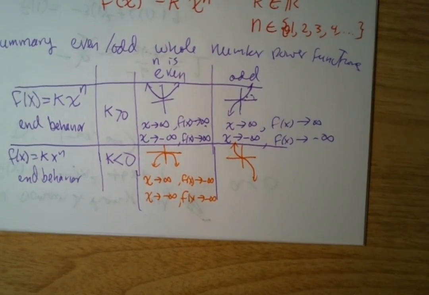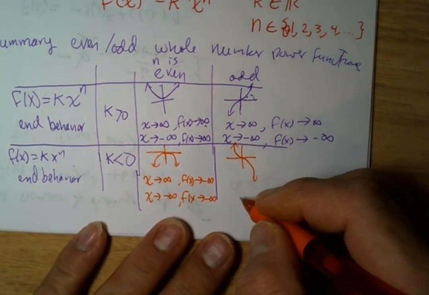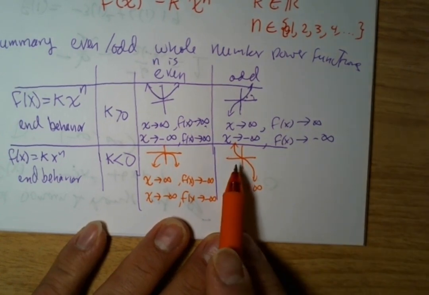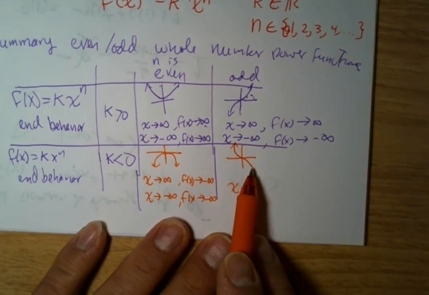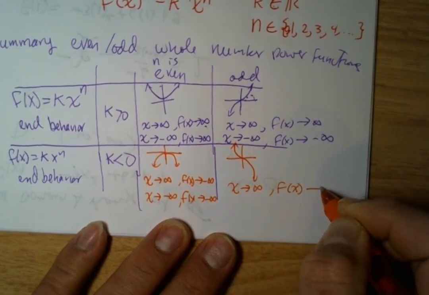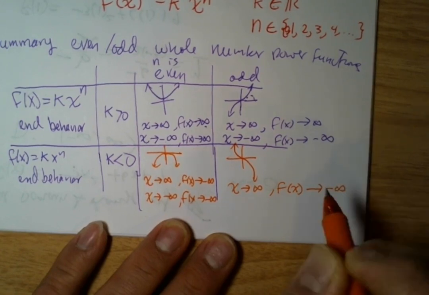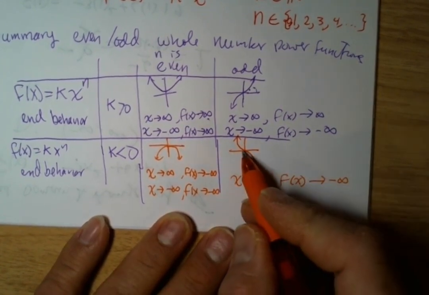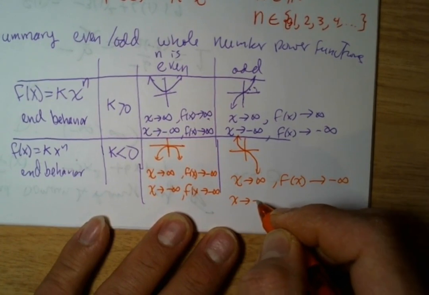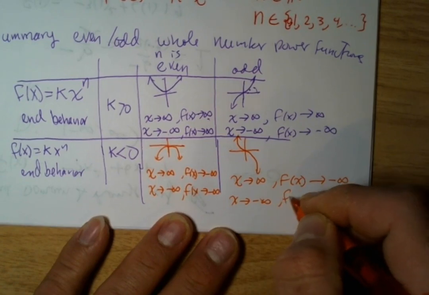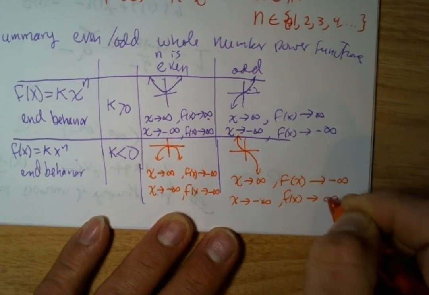Now for our odd numbered function, what happens as x goes towards infinity? We can see from the graph that the function values keep getting more and more negative. So we say the function values go towards negative infinity. And lastly, as we go to negative infinity, the values are getting larger and larger in the positive direction. So f of x goes towards infinity.